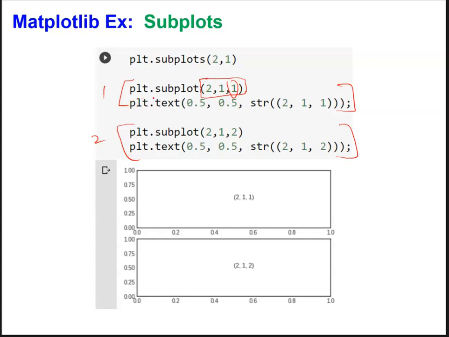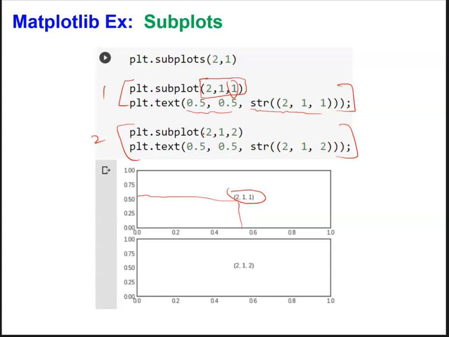We're just going to put a text over here. plt.text is just going to put a text in the location that you want, at coordinate 0.5 and 0.5 in the x and y. You can see over here this is at 0.5, and this is at 0.5. So it's going to place this string over here, 211. It's just a string. Str means string, the string function in Python.